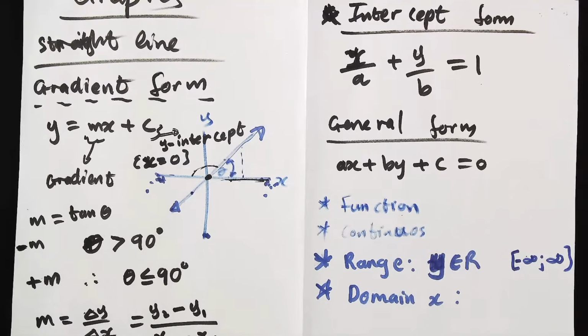You can express it in that way. And we can do the same thing for y. Therefore, for x, it's from negative infinity to positive infinity.